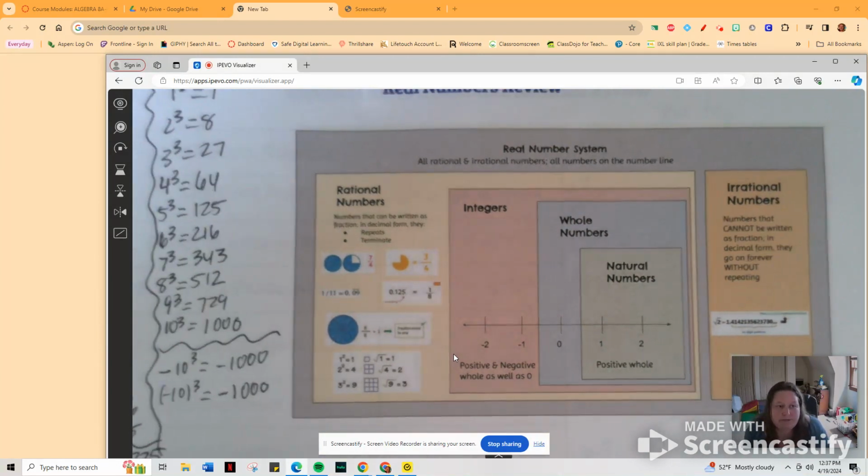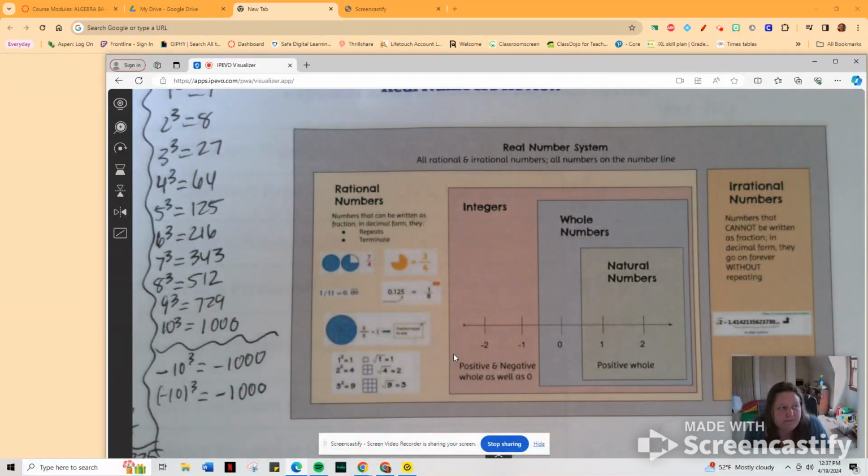Starting with the real number system, the main difference between the two major categories, rational and irrational, is that rational numbers can be written as fractions. Irrational numbers cannot. Within the rational numbers category, we have several smaller categories, starting with natural numbers. Natural numbers are what you first learned when counting: 1, 2, 3, 4, and so on.